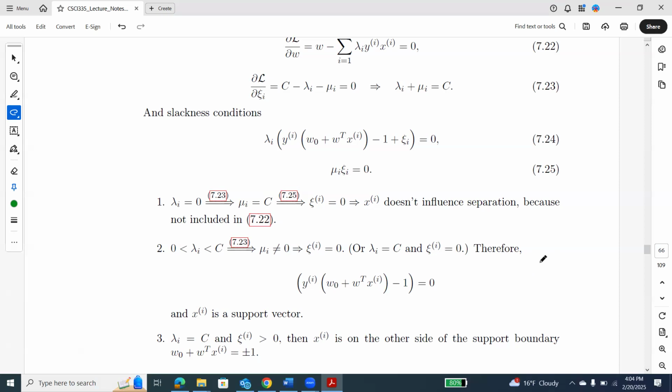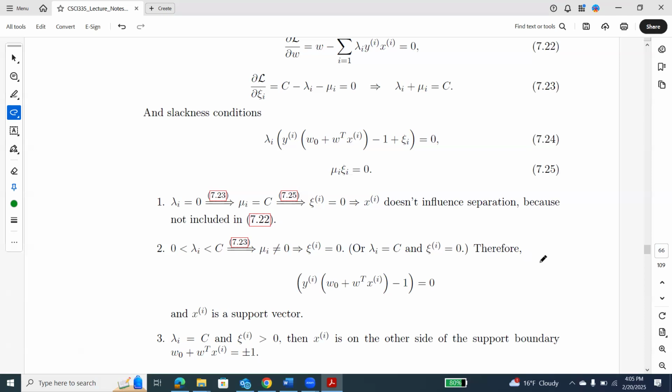But on the other hand, mu is C minus lambda, so it's again non-zero. And it means that xi is 0. If xi is 0, it means that margin equals 1. If margin equals 1, it means that our point actually is a support vector.